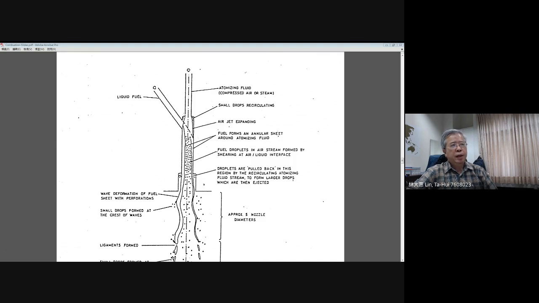For the internal mixing, because the liquid fuel attaches more easily to the surface, you can see the interaction starting from here. The air flowing over the layer of liquid attached to the surface of the injector will carry out a certain amount of liquid droplets.